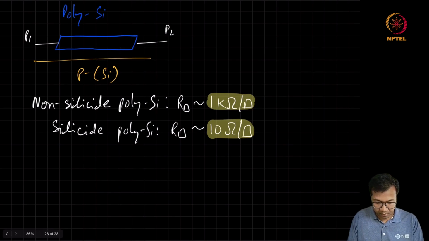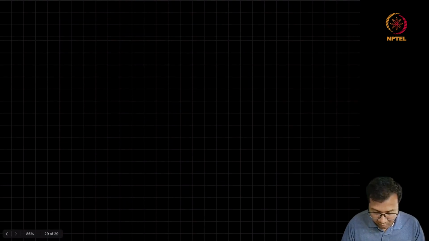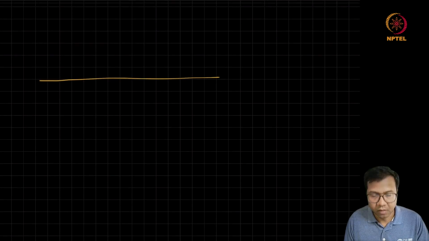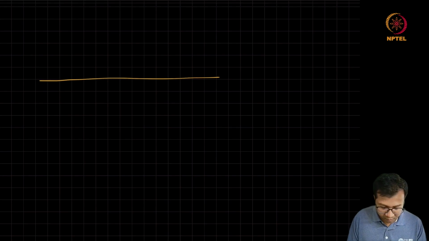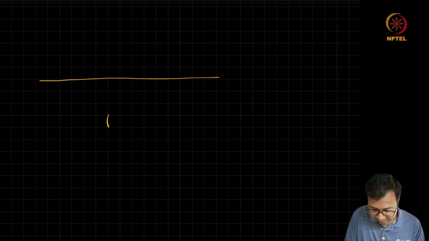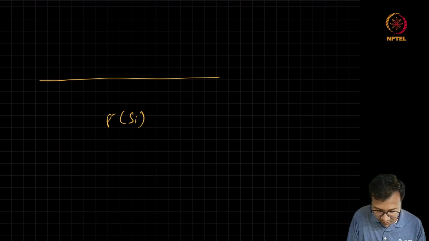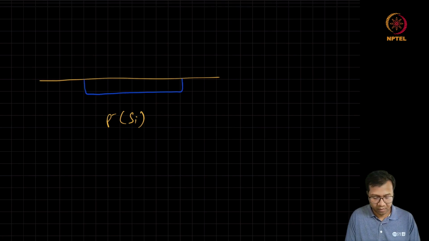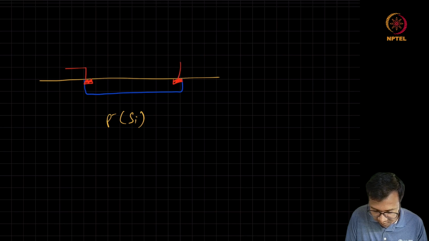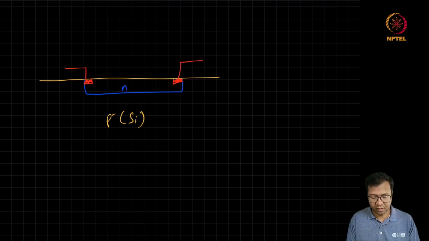There is another way to realize a resistor on chip, that is by using the diffusion. We already know this diffusion is done to add N-type or P-type pockets in the substrate. We can use these diffusion regions to also realize resistance. For diffusion resistances, we make this contact, let's say this is an N-type diffusion.